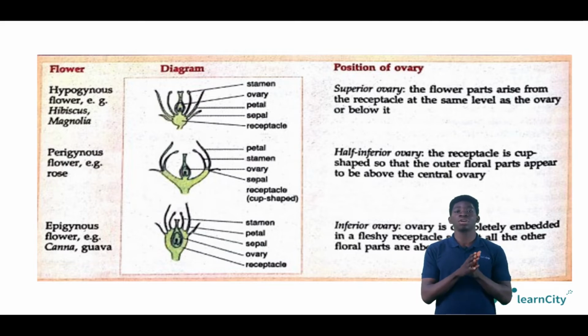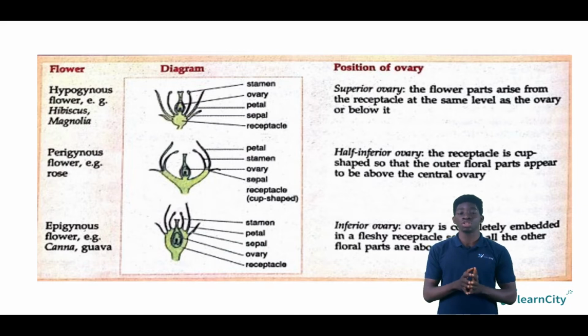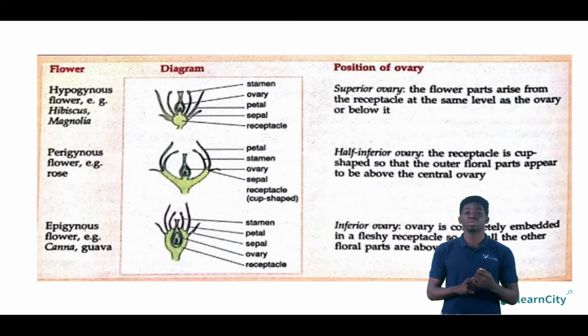Then we could also have a perigynous flower. Now for the perigynous flower, an example is the rose flower, and the position of the ovary in the perigynous flower is half inferior ovary. The reason we call it half inferior ovary is because the receptacle is cup shaped.